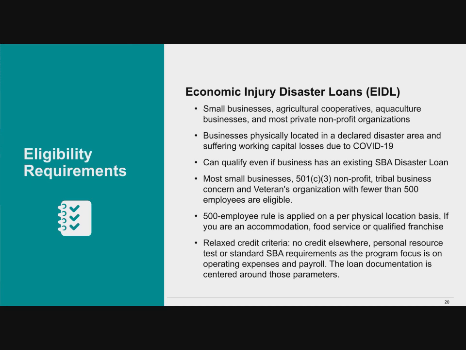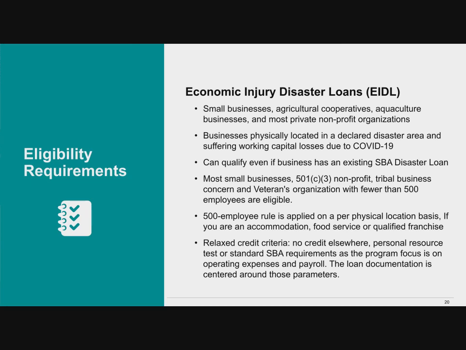The way this is working now, you get the $10,000 forgiveness, or we should say advance, and then at a certain point, an SBA loan officer will contact you and work out the rest of the details in terms of documentation that they're going to need back, collateral requirements, and other things.